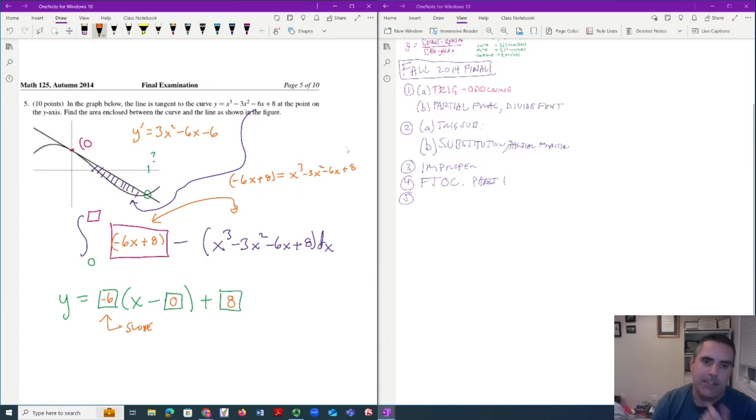Yes, the 8's cancel. I see it now. Not only do the 8's cancel, the 6x cancels. So you subtract 8 from both sides, the 8 cancels. You add 6x to both sides, that cancels. So you're just left with x cubed minus 3x squared. And that completely factors into x squared times x minus 3. And so they intersect at 0, which we already knew, and 3.